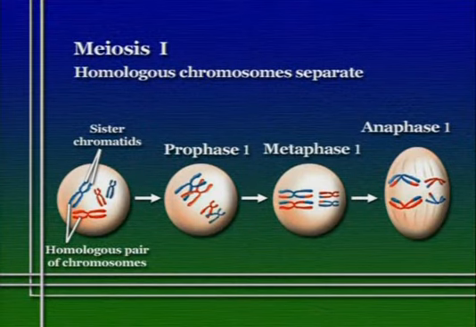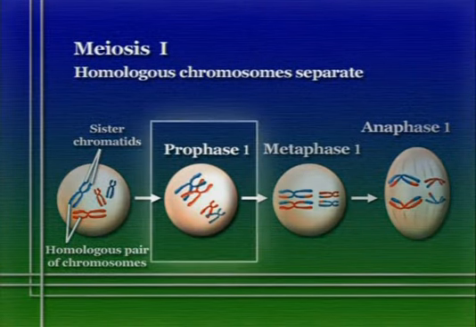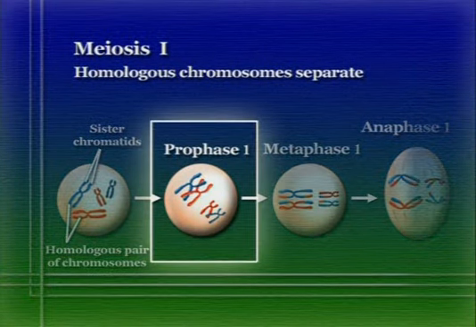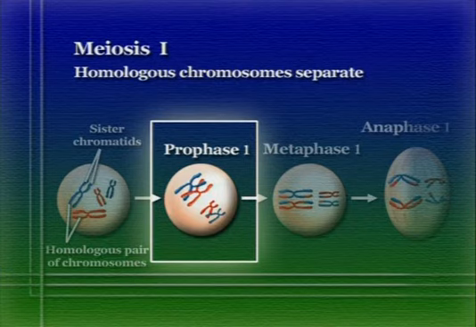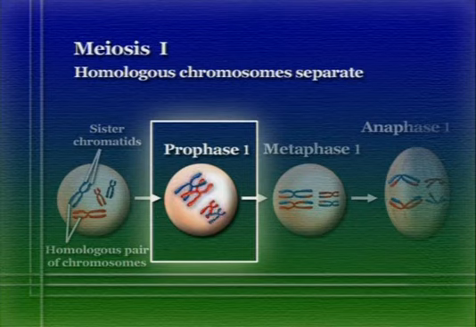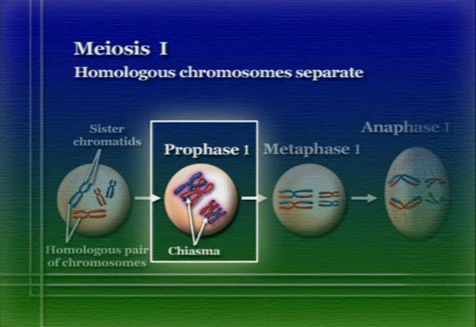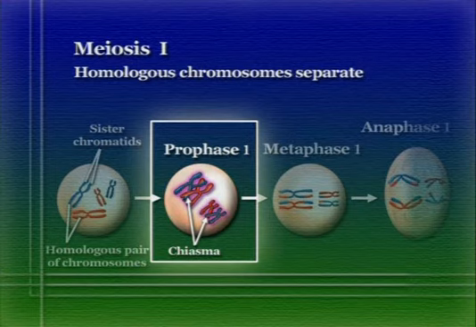Or does it? Remember back to our discussion of meiosis. Remember that in the first prophase, the prophase of the first meiotic division, I told you that those homologous pairs of chromosomes associate very closely. So closely, in fact, that they will exchange parts of themselves, essentially exchanging chunks of each chromatid from one homolog to the other.